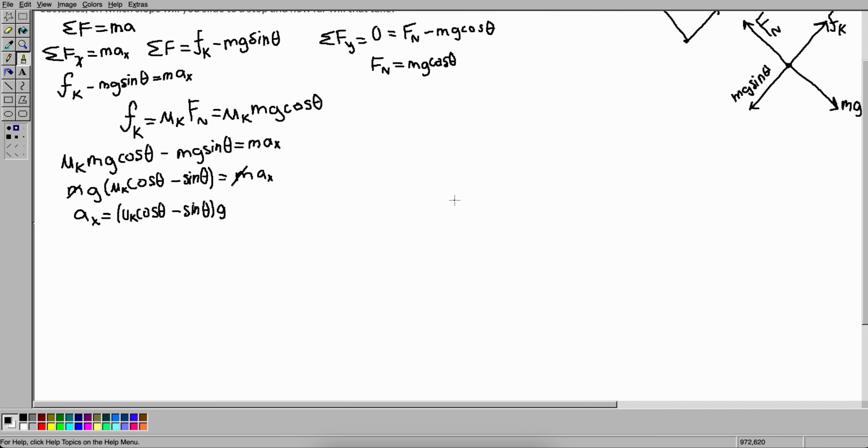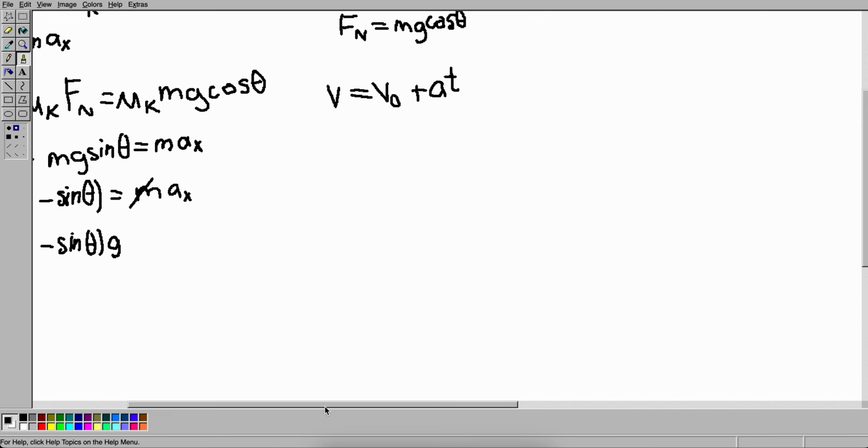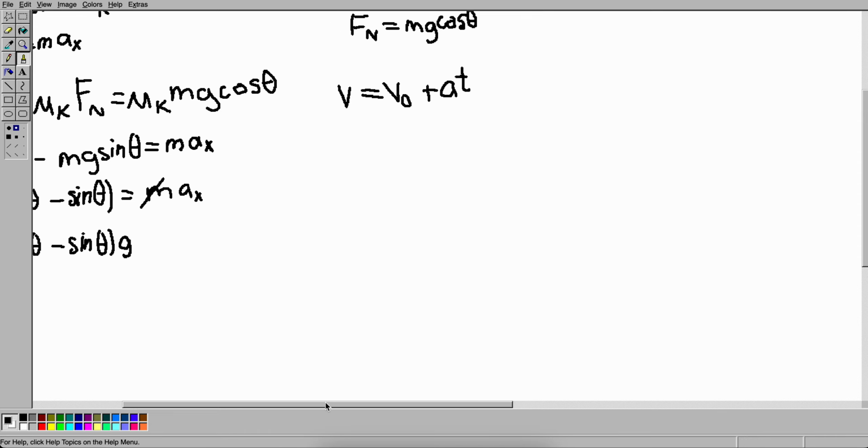Another physics equation that we're going to need to use is the final velocity is equal to the initial velocity plus at. We know time, we know initial velocity, and we know a right here.